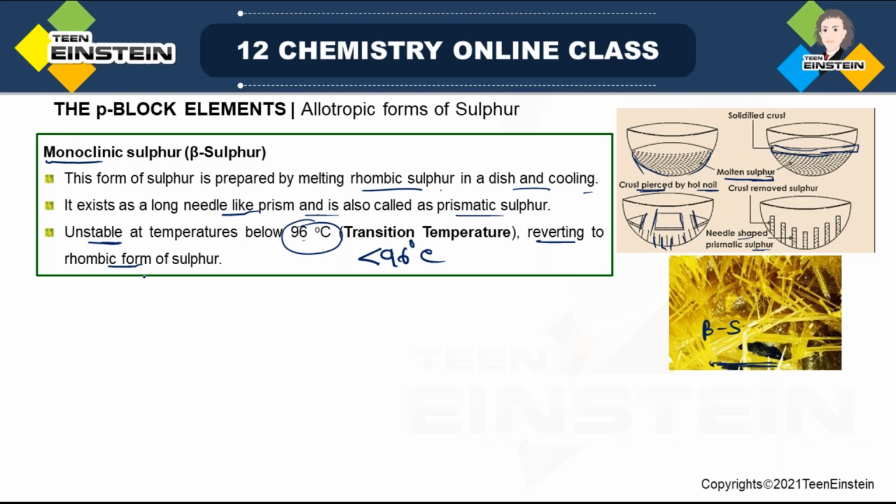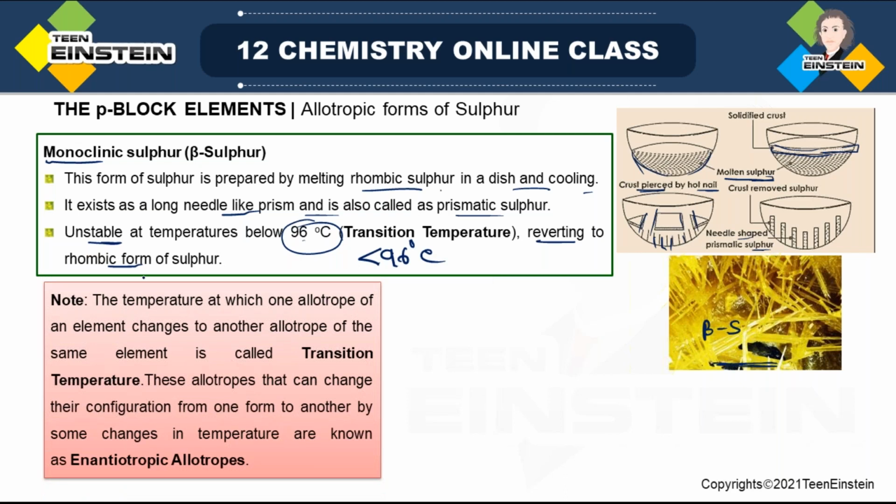Remember, this is the transition temperature: below it you have the alpha form, that is rhombic, but above it you have the beta form, that is monoclinic. That is why it is called the transition temperature. These two forms are under the crystalline category.